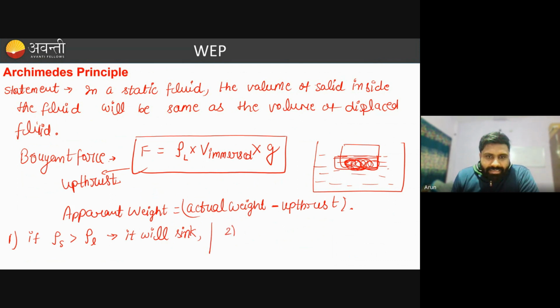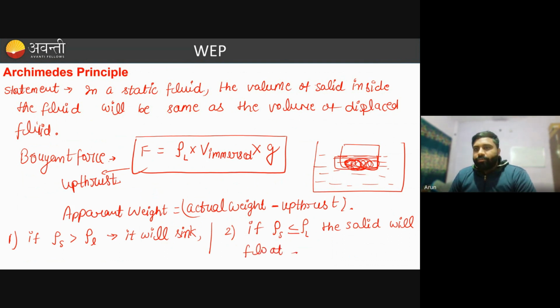But in the second case, if density of solid is less than or equals to density of liquid, then the solid will float. Okay, so these are the two important conclusions you can capture in mind.